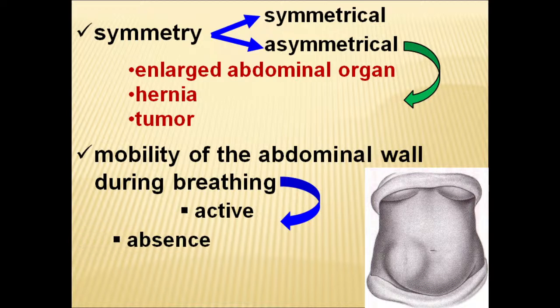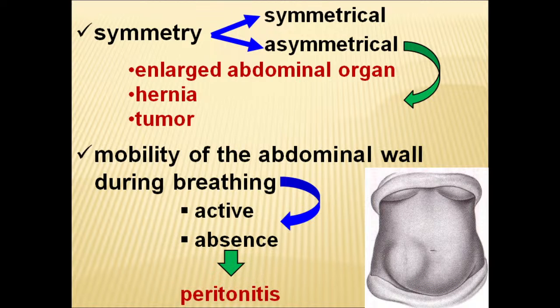In pathology, we do not see movements of the abdomen. The abdomen doesn't take part in breathing. It resembles a board, a board-like abdomen, which is a grave sign of acute surgical pathology, peritonitis, and this patient must be immediately examined in the surgery department.